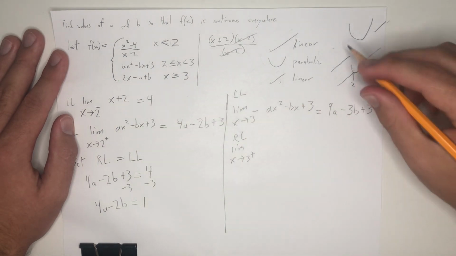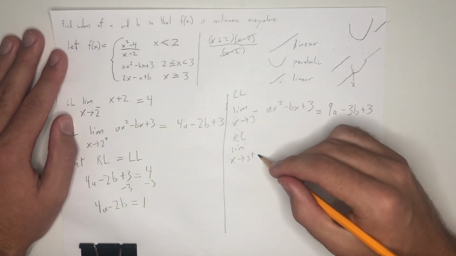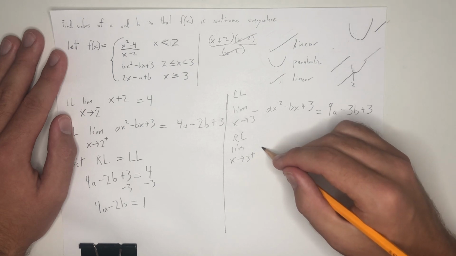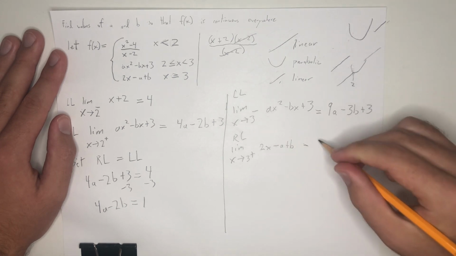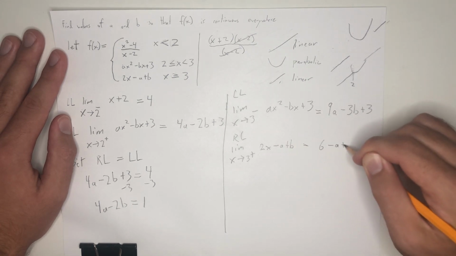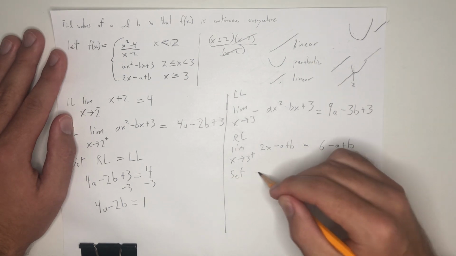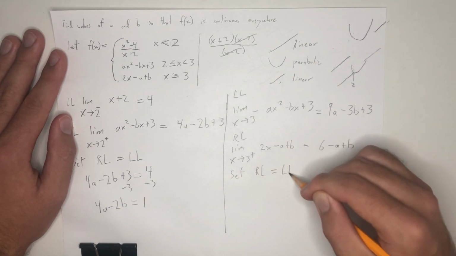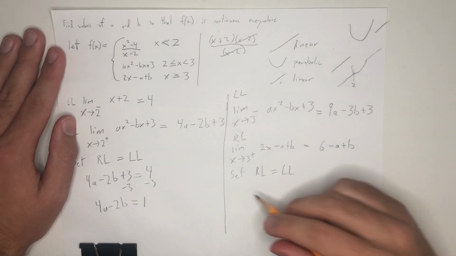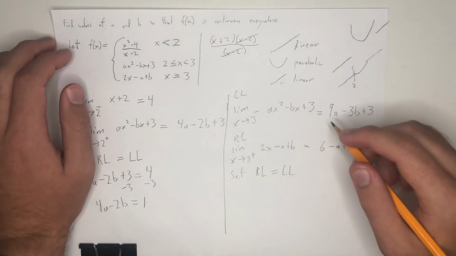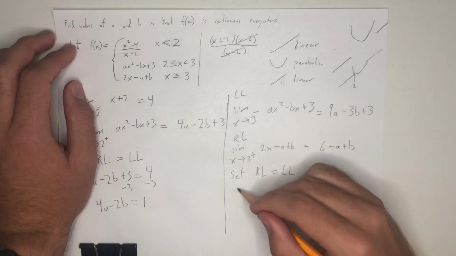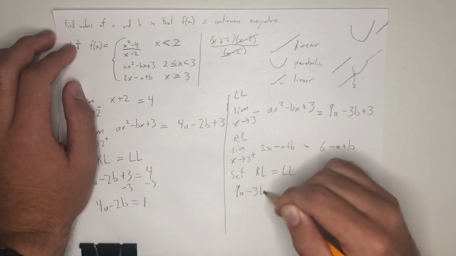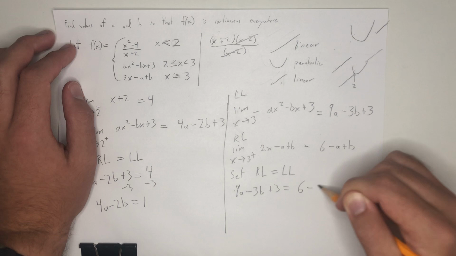We set the left limit equal to the right limit, so we get 9a minus 3b plus 3 equals 6 minus a plus b.